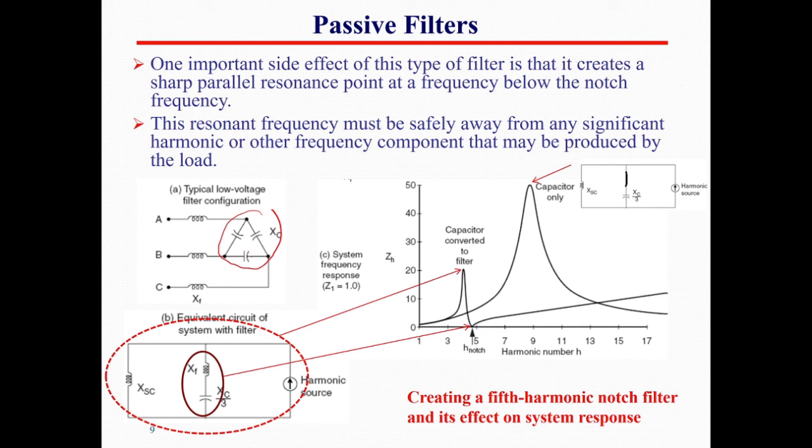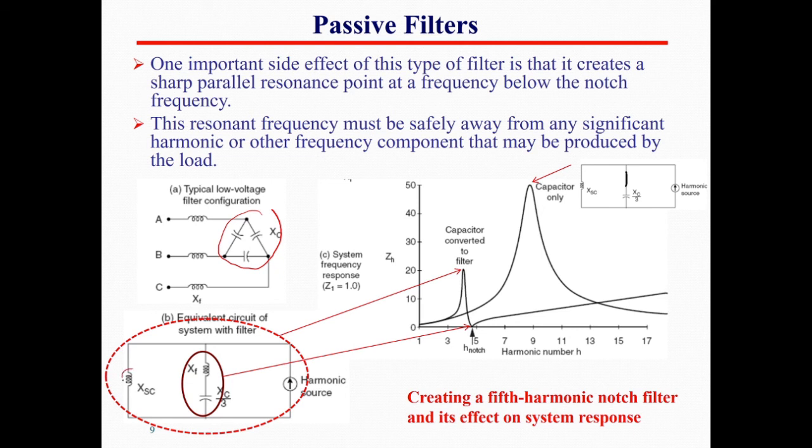Suppose that we use this in the power system as a filter, and suppose that we also have a source of harmonics. So this will represent the harmonic source. If we now like to draw the equivalent circuit for the system when we have harmonics, this is what we'll have, right?